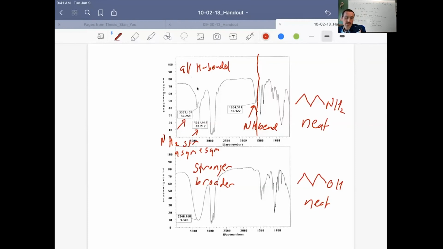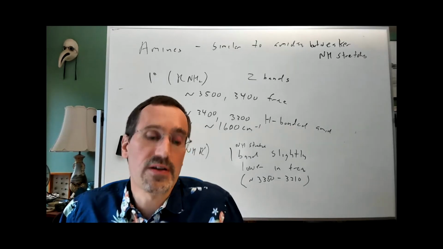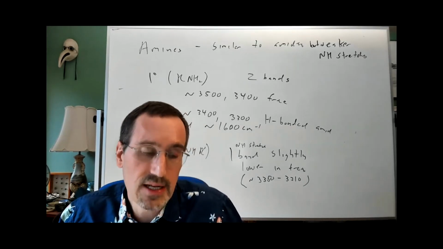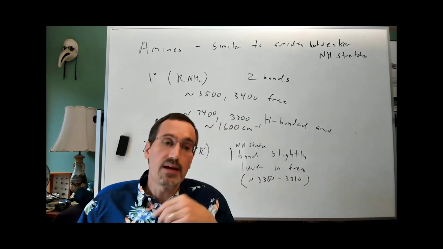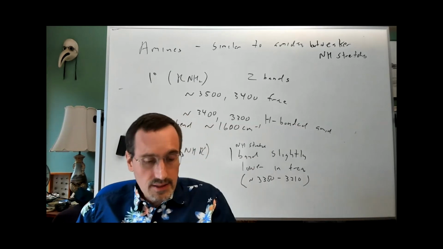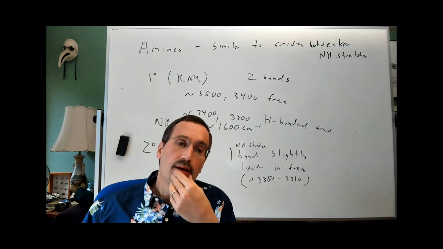And this is important because we're probably not going to go up to compounds that are 40 carbons in size. They're just a little bit big for most of the work that we're doing. But we'll often go up to compounds that are 20 carbons in size. And so it's very, very easy to miss an amine NH stretching band. Questions, thoughts?